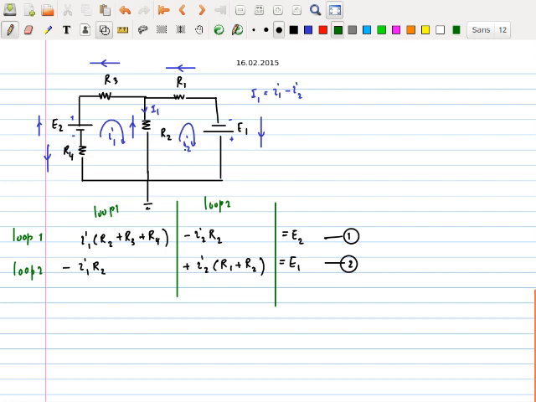You have I2, and you find all of the resistors that are hitting I2. As you go along the loop, there is R2 and R1, and both of them are hitting I2. That's why R1, R2 came.